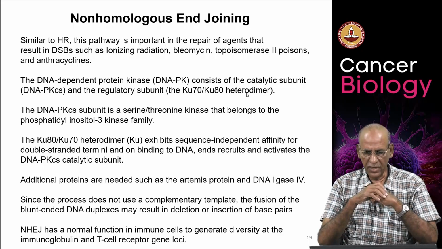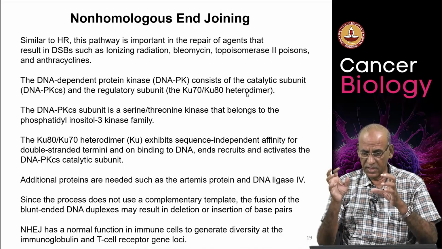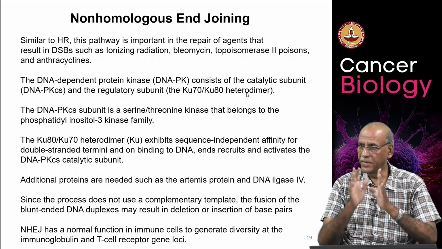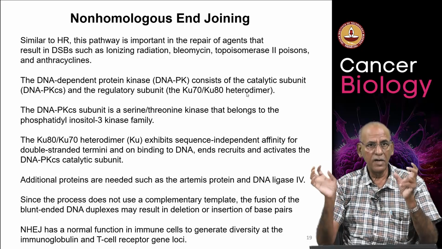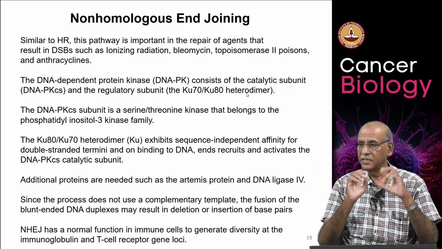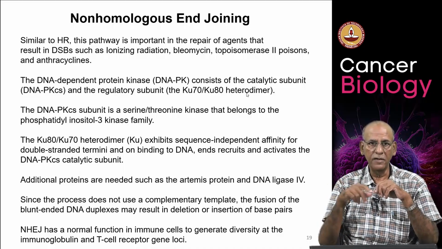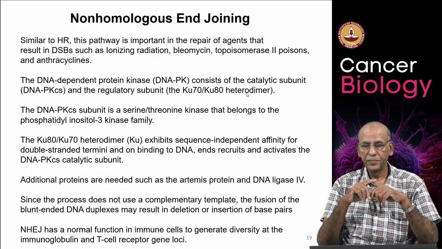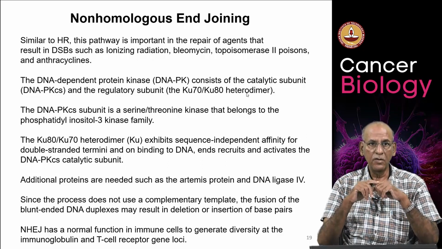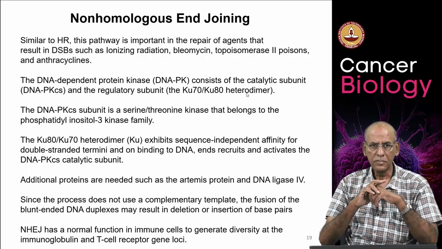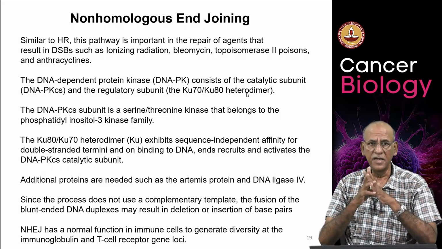DNA dependent protein kinase, DNA-PK, and actually this Ku70 is part of the DNA-PK. The DNA-PK has a regulatory subunit and a catalytic subunit. This Ku70, Ku80 comes under the regulatory subunit. It is a heterodimer. What is this kinase? It is a serine threonine kinase.